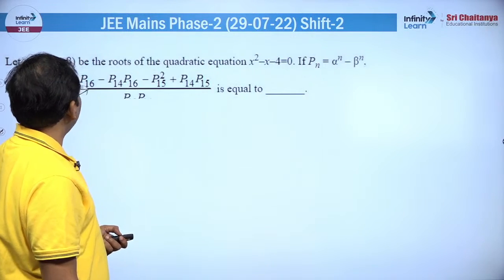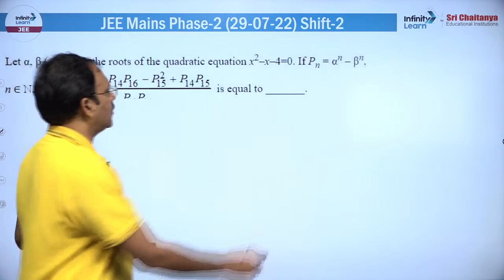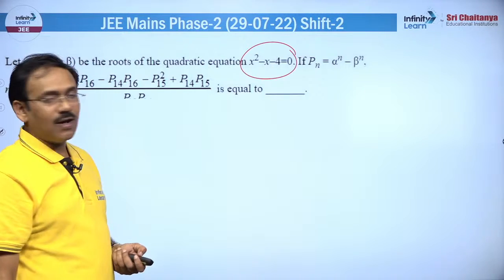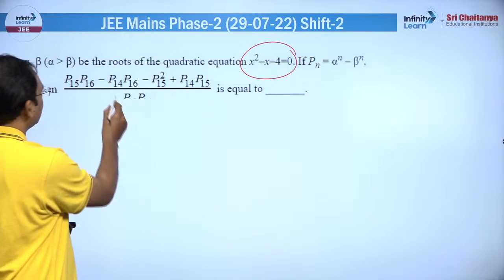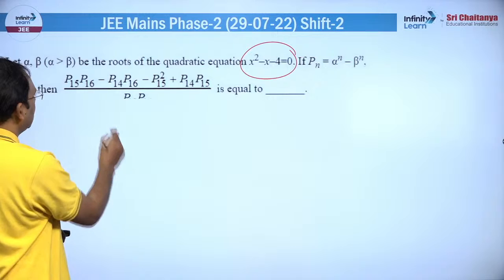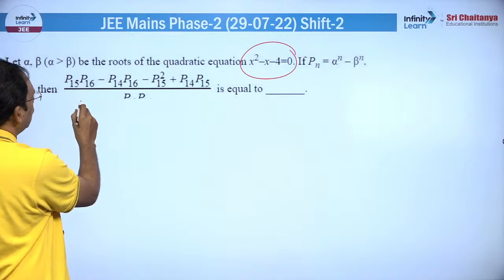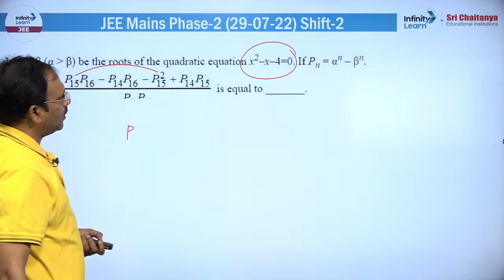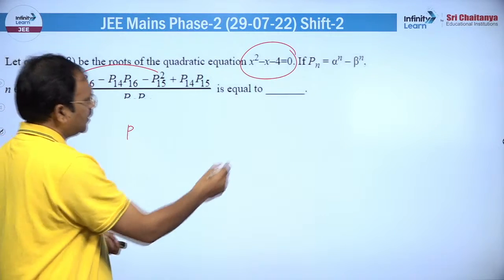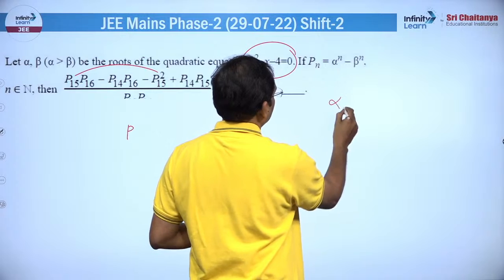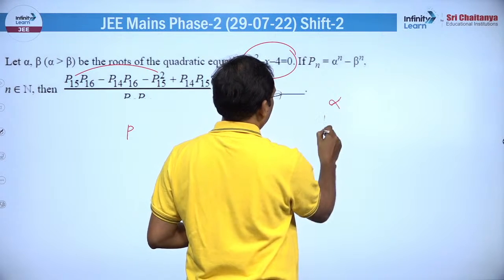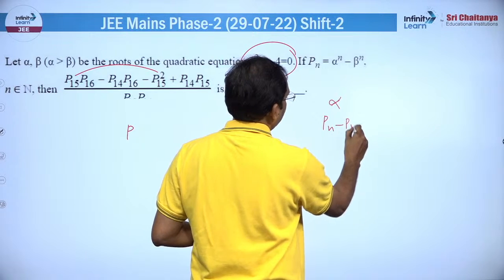You see, alpha beta be the roots of this quadratic equation x square minus x minus 4 equal to 0. P of n is given as alpha power n minus beta power n. This expression, my dear friends, here what you can do is, you can prepare Pn minus Pn minus 1.